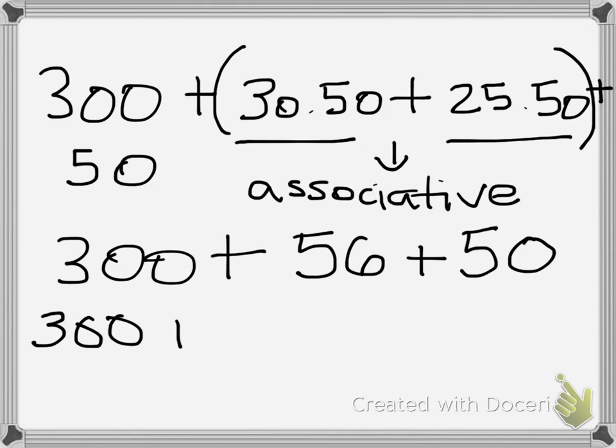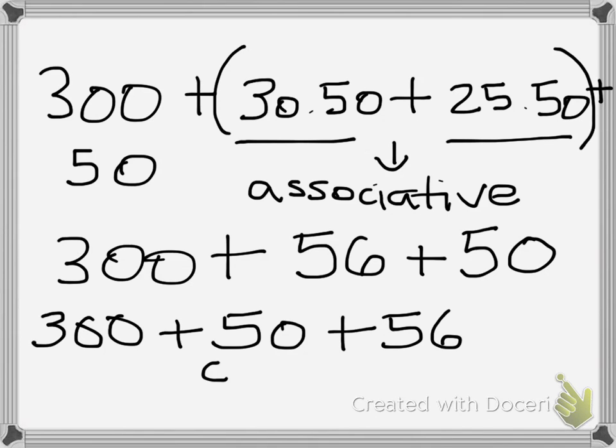So 300 could stay there, but let's say I want to do 300 plus 50 first, and then add 56. I just switch the order, which won't change my answer, and that's using the commutative property. Whoops, spelled that wrong. Commutative property.